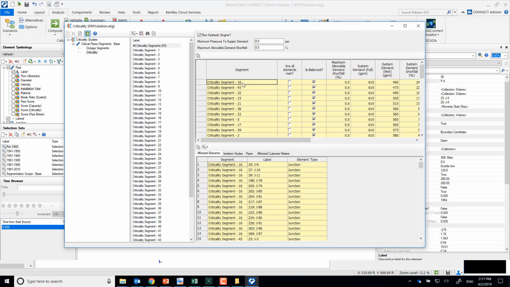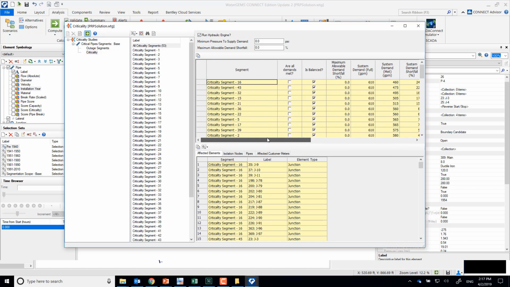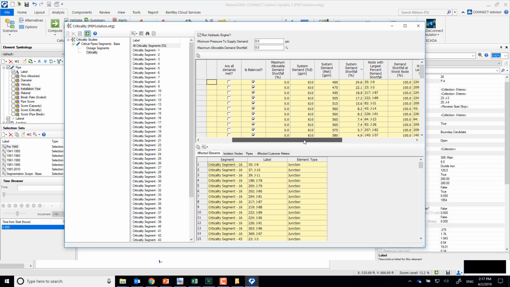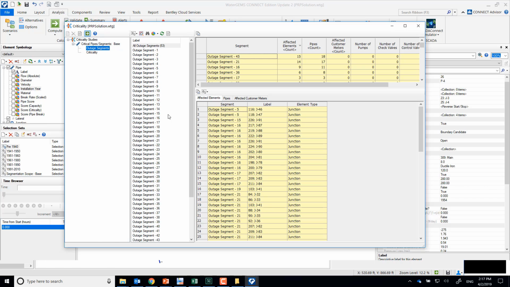Okay, so criticality segment 16. If something were to happen to that segment, then 24.6% of the demands could not be met. So let's see where that is. Segment 16.